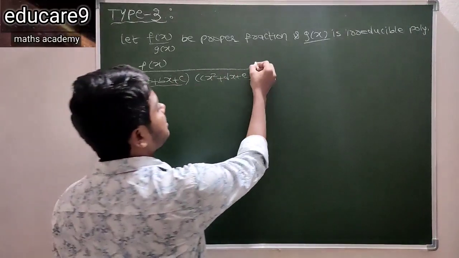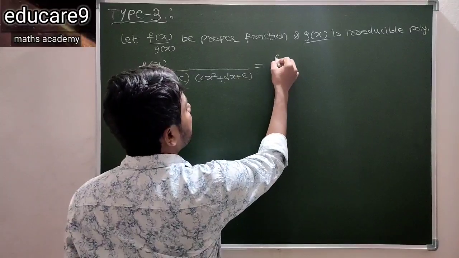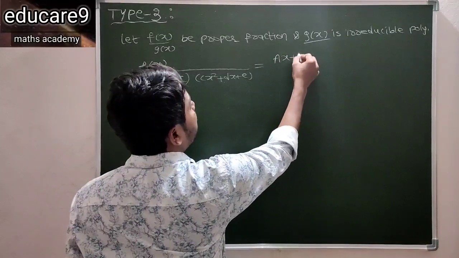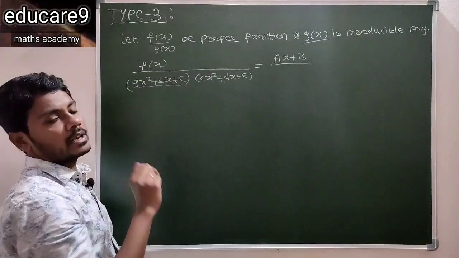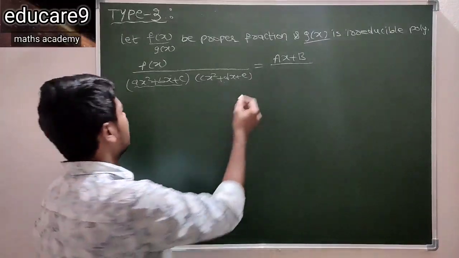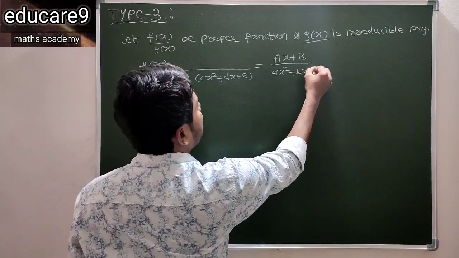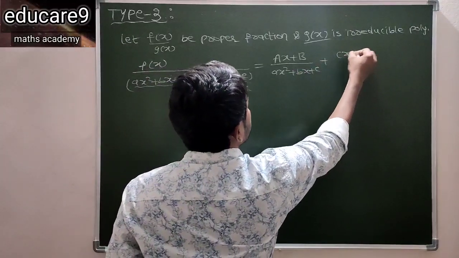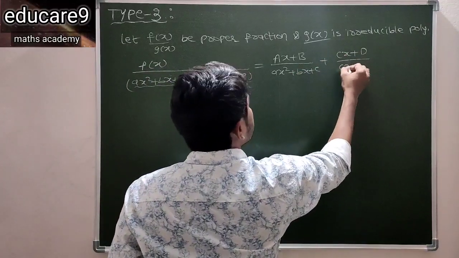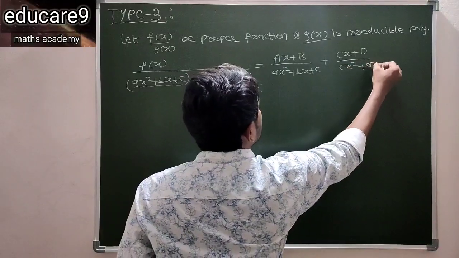So in that case, this can be written as ax plus b by the first irreducible polynomial, that is ax square plus bx plus c, plus cx plus d by cx square plus dx plus c.